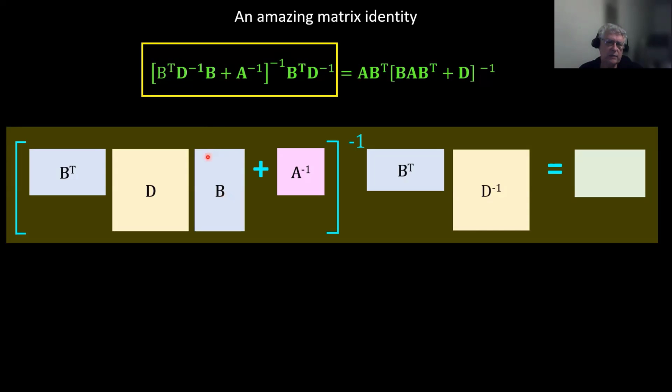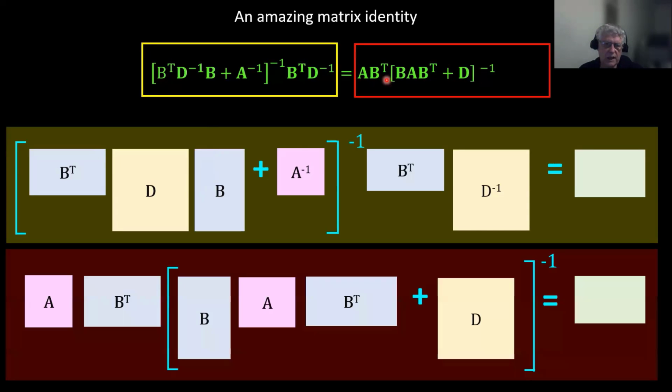Suppose B has more rows than columns. When I take this inverse here, I'm taking the inverse of a relatively small matrix by the time I do these matrix multiplications. If, however, I use the right-hand expression to come up with the same matrix, I've got to take the inverse of a much larger matrix.